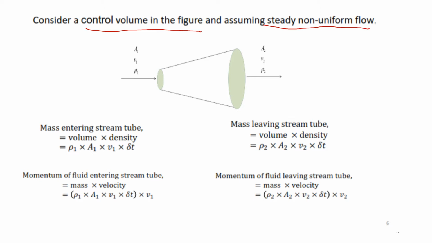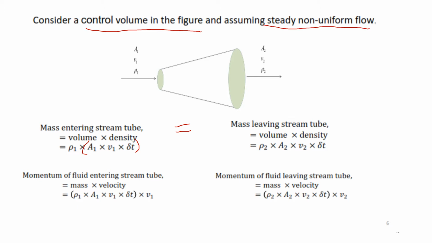Okay, the mass entering the stream tube is equal to the mass leaving the stream tube. So the formula is volume times the density. So here density and also volume, area times velocity times change of time. dt is change of time.